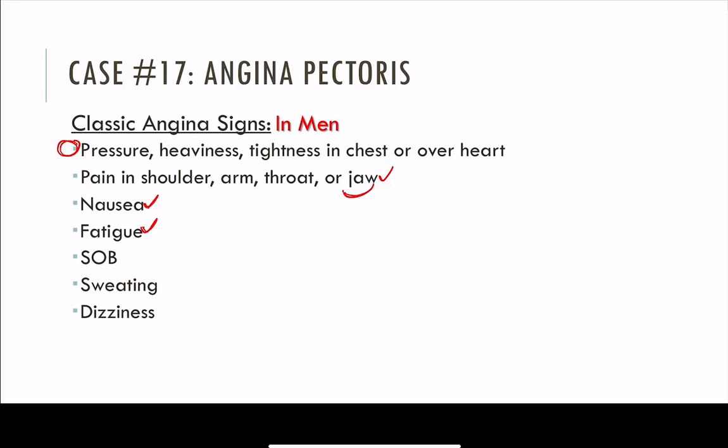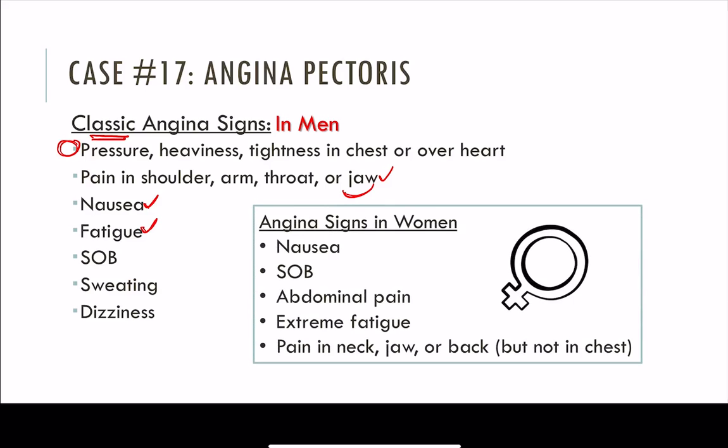These are the classic signs in men. And our medical reporting and our normative data is highly skewed by data from men. So it is important to remember that for women, classic signs of angina do not include chest pain, heaviness, or tightness.